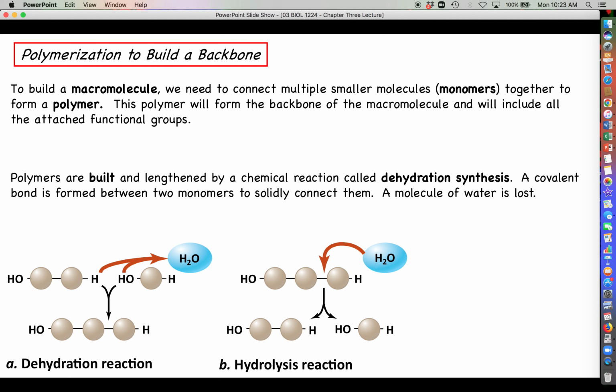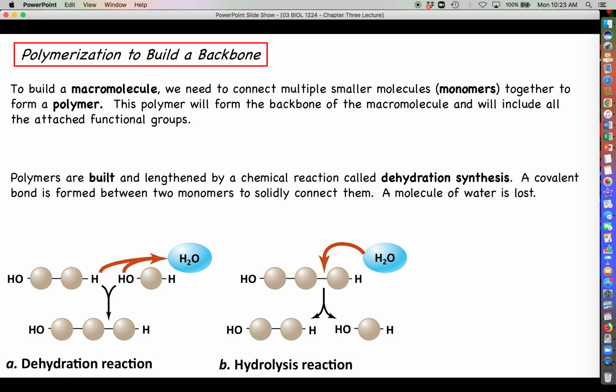So the way that we build our polymers is by performing a type of chemical reaction called dehydration synthesis. So what we have here is we have our monomers, and we are going to add another monomer to the growing chain by this type of chemical reaction, which again we call dehydration synthesis.